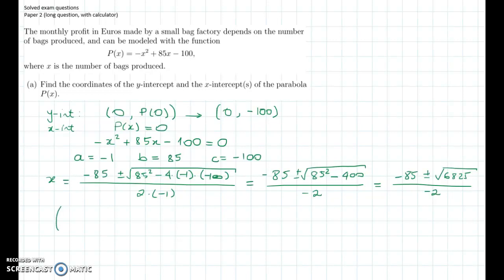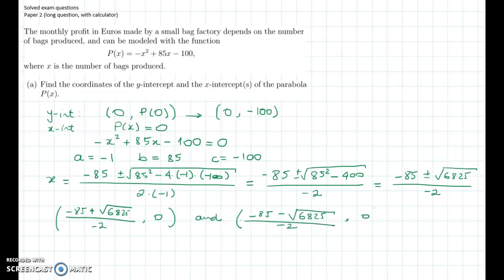Okay, so this will be the exact value of each of the x-intercepts. So the exact value of the x-intercept is minus 85 plus square root 6,825 divided by negative 2, 0. And then we also have negative 85 minus square root of 6,825 divided by negative 2, 0.